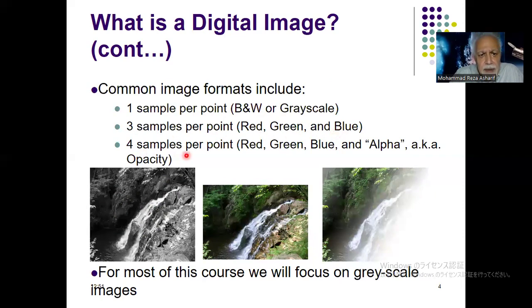Also, we have four samples per point, per pixel, which are red, green, blue, and alpha. Alpha is the percentage of opacity, which is the blur, how much it is blurred. But in this course, we focus on gray scale, black and white.